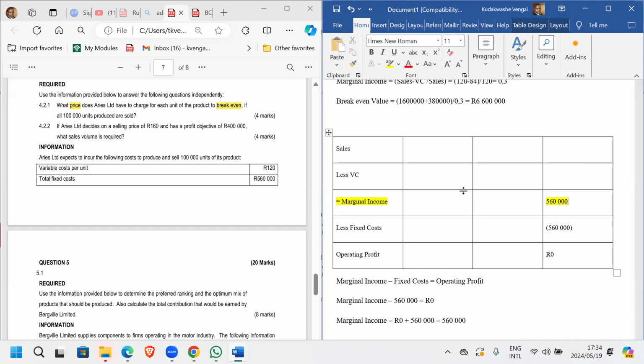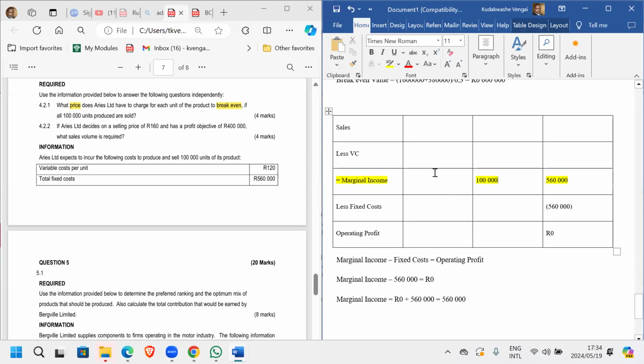Now I have my marginal income is 560. Remember, I'm told how many units are sold. How many units are sold? 100,000 units. So I can calculate the marginal income per unit, right? Because I have the units. So my marginal income per unit is going to be 560 divided by 100,000 units.